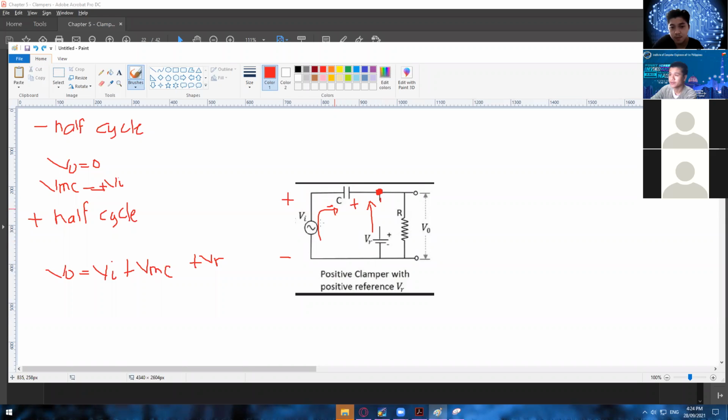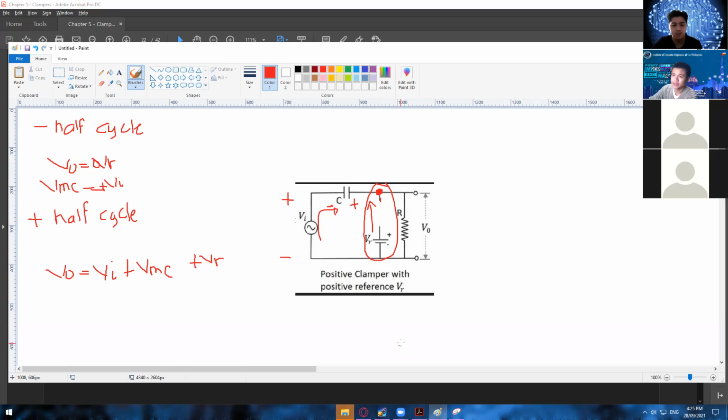So yes, we have a closed loop during the negative half cycle, but during the positive half cycle, this one became open. So my bad, it's the other way around. During the negative half cycle, this will become a closed circuit, and the VO is not equal to 0, since the reading will be on this path right here, and the reading of this one is whatever this VR is.